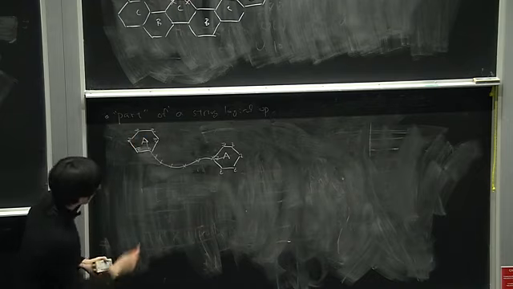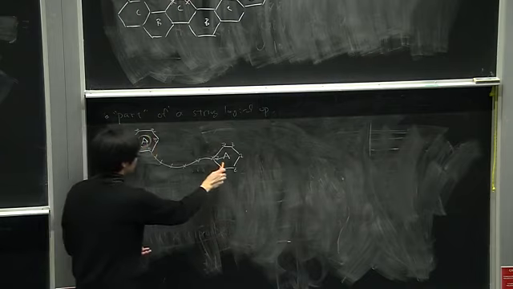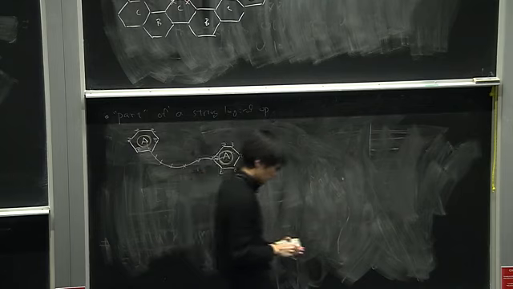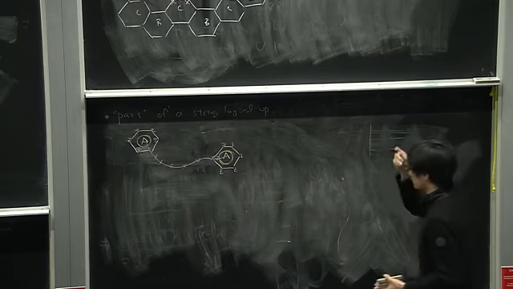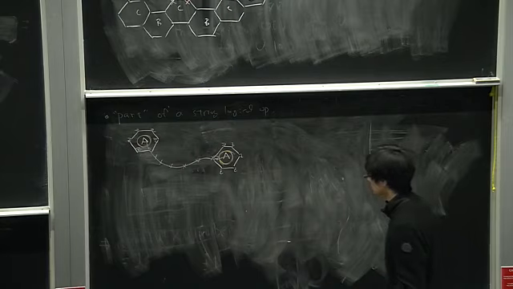So there are some excitations, a pair of excitations here and here. So this is what we call anyons in the topological color code.